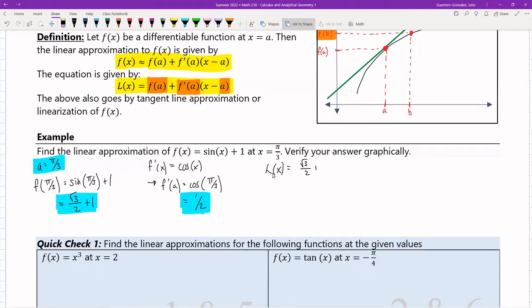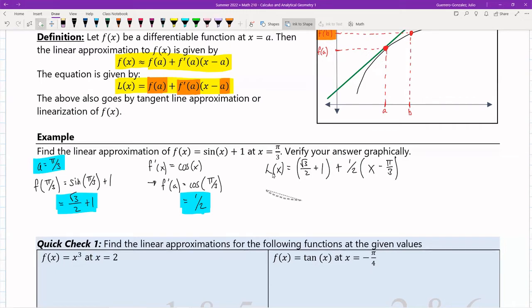Let me write that a little nicer. Plus 1, right? Plus f prime, 1/2, times x minus a, x minus pi over 3.